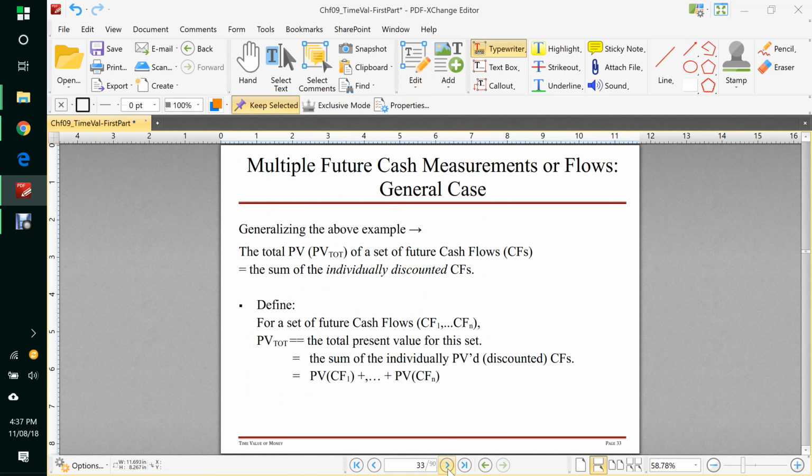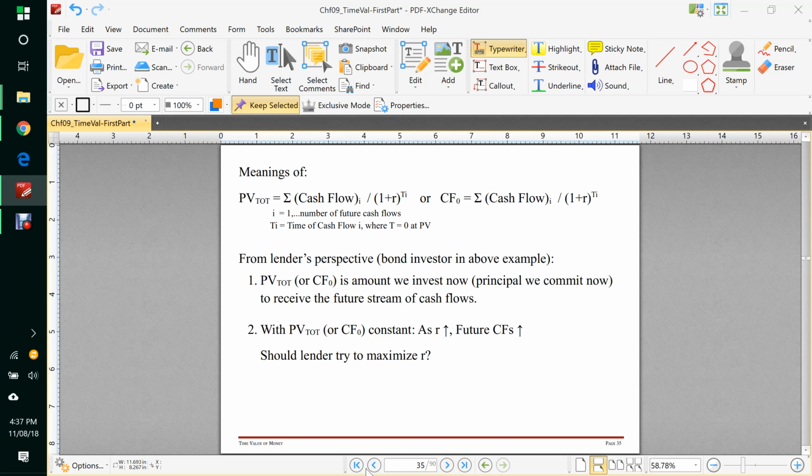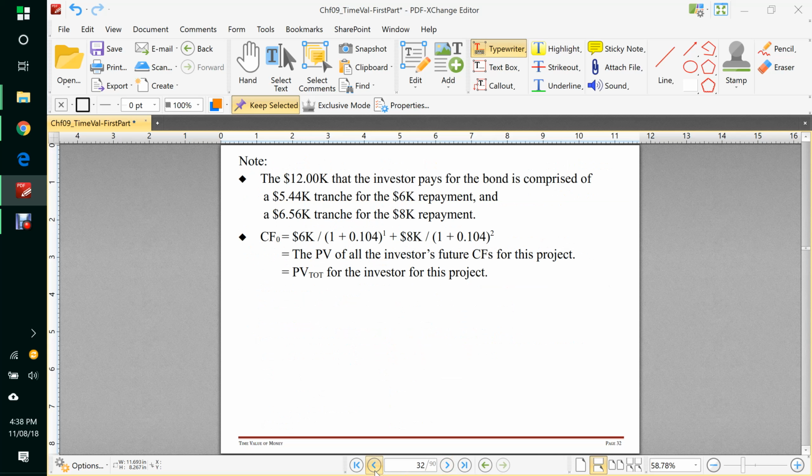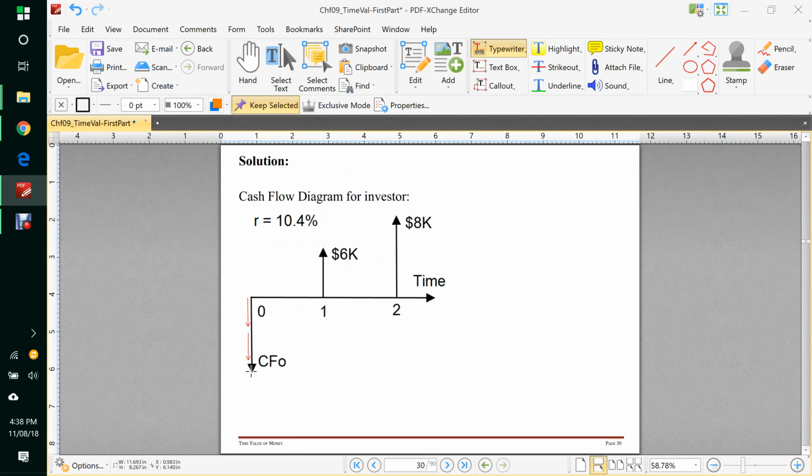Sorry about that, my page is lost here. Okay, here we go. Let's call this piece A, and let's call this piece B. And so then CF0 is equal to A plus B.